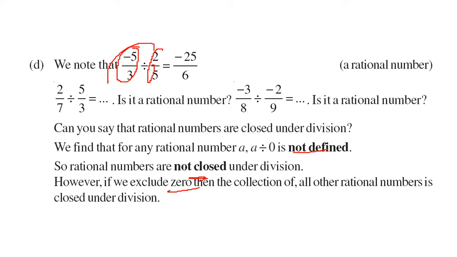Because if you see this example, we are getting minus 25 by 6. So in this case also, you're getting a number which is a rational number. And as I said, you cannot divide a by 0. So you just have to exclude 0 to indicate this as the operation which gives you a rational number, closed under division.